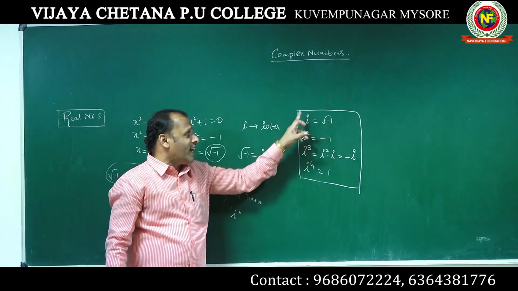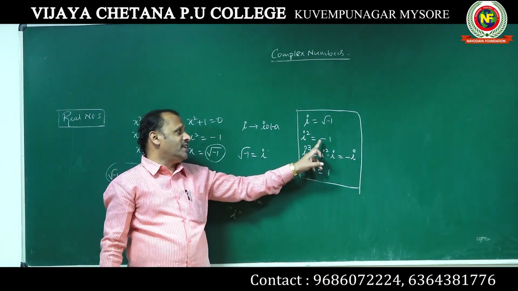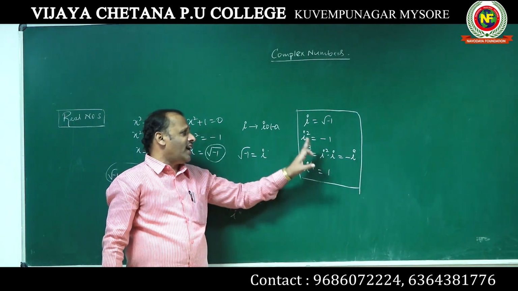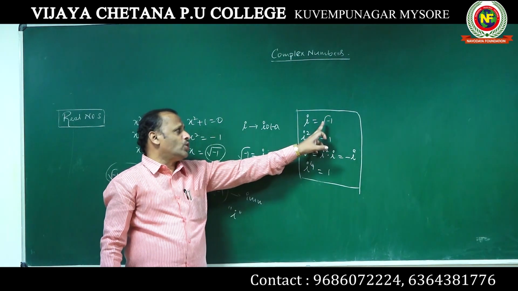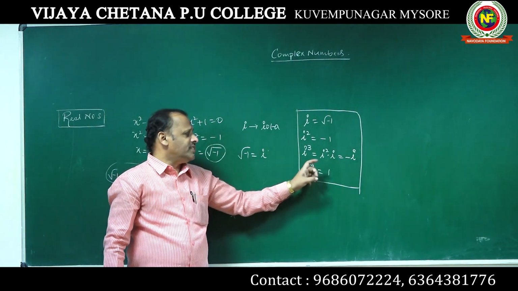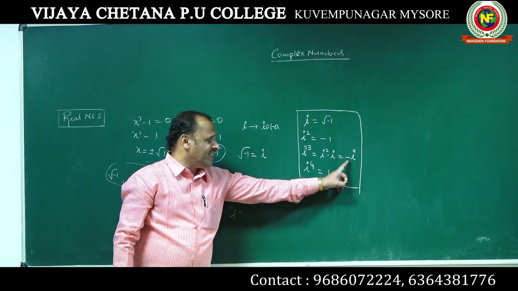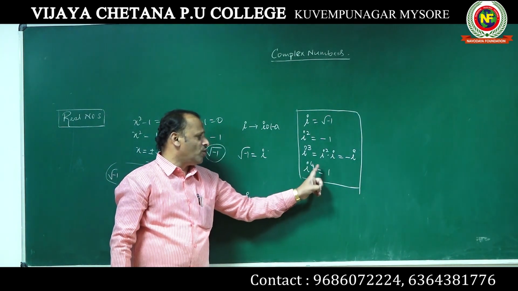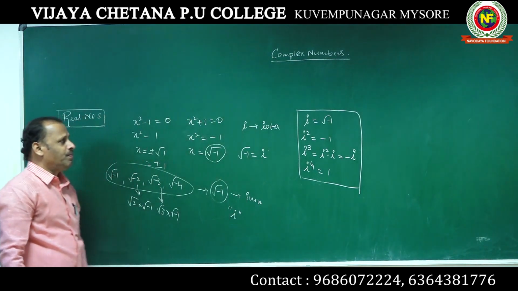If you take the square, i square is equal to minus 1. i cube is i square into i, which is minus i, nothing but minus of root of minus 1. i to the power 4 is equal to 1.